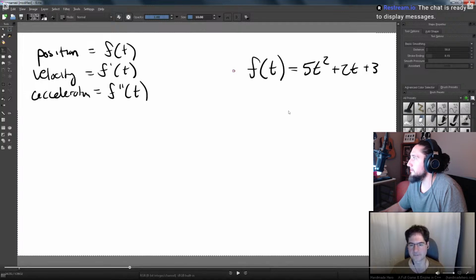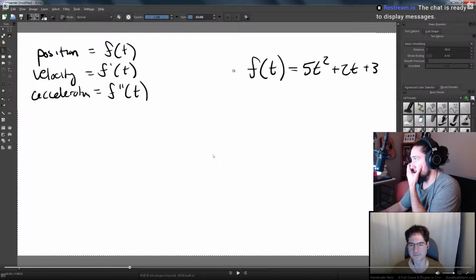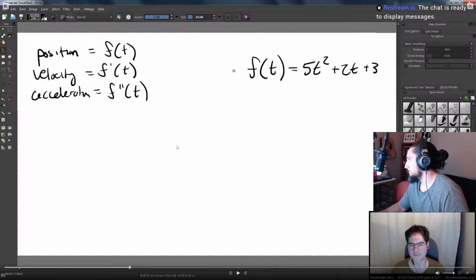Is that right? We'll see. That'll be f prime of t. Yeah, I think it would be 10t plus 2. We drop the constant, drop this t, and that would be our velocity, or f prime of t.